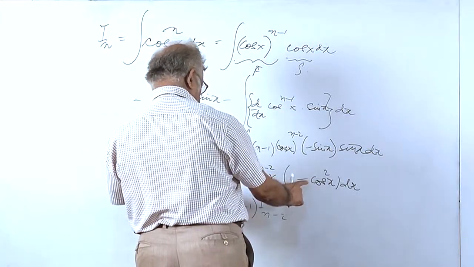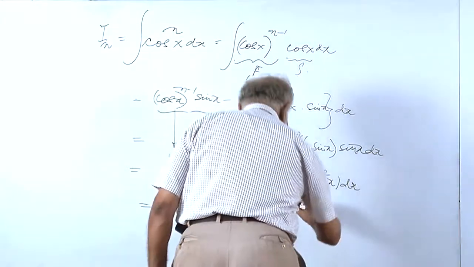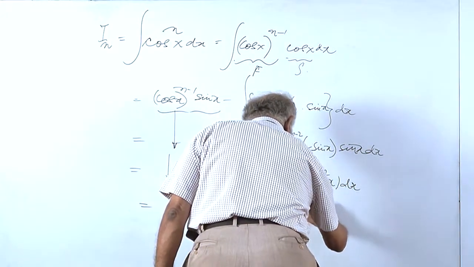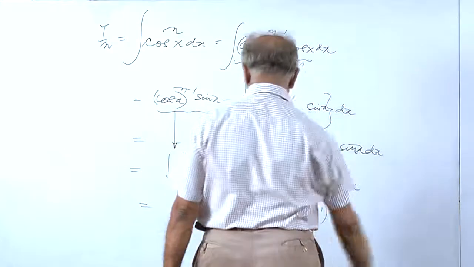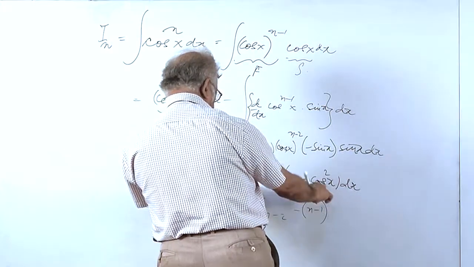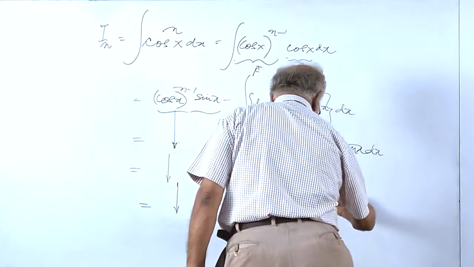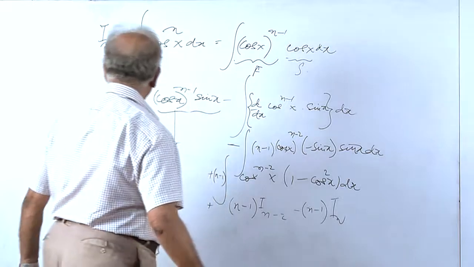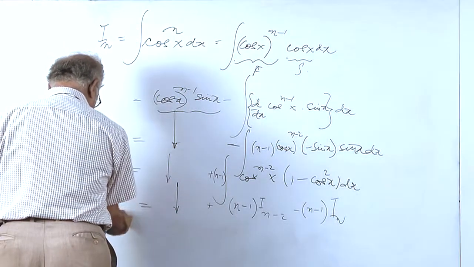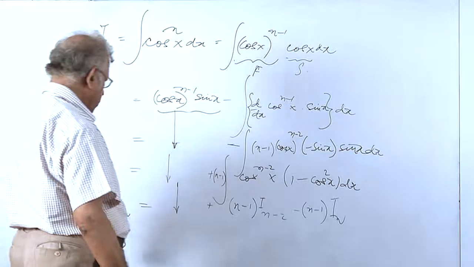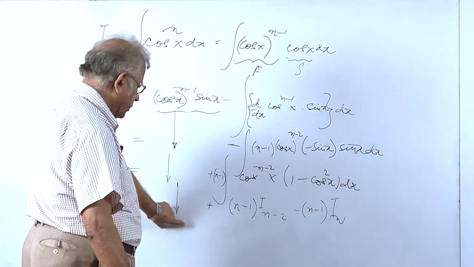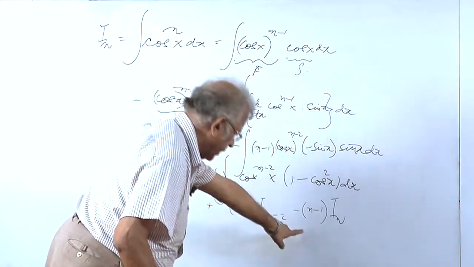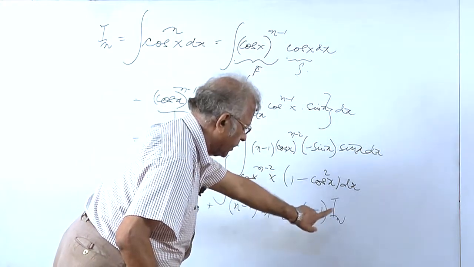And again minus n minus 1 times, if we multiply these two and take an integral, that is nothing but I sub n. So here we have I sub n is equal to the first term that drops down plus n minus 1 I sub n minus 2 minus n minus 1 times I sub n.